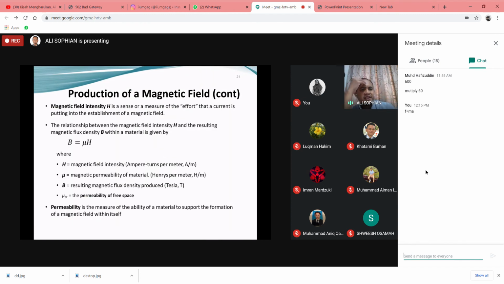Okay, magnetic field intensity H is the sense or measure of the effort that the current is putting into the establishment of a magnetic field. So how much magnetic field a current can give.